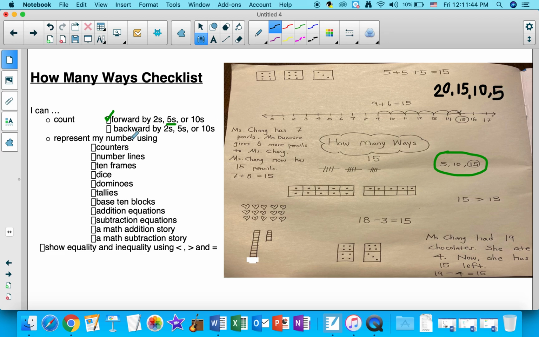Okay, so I just counted backwards by 5s, and my number is, I'm going to use a different color. My number 15 is right here, so I'm going to just circle it. Okay, so if I did this for my how many ways, then I can go to my checklist. I can count backward by 5s.